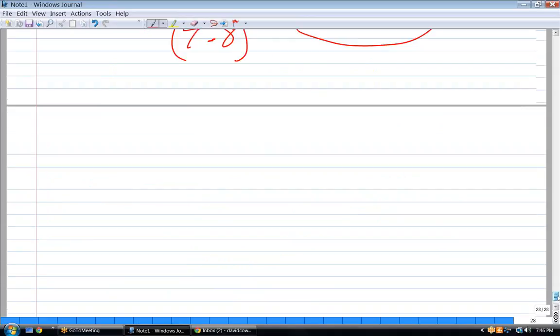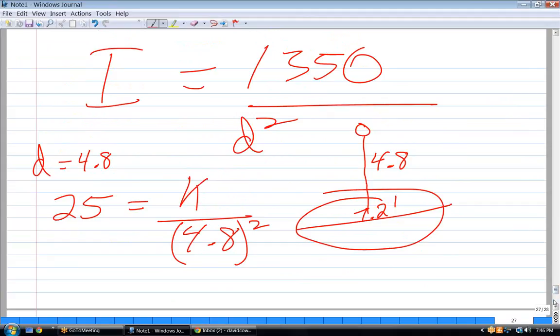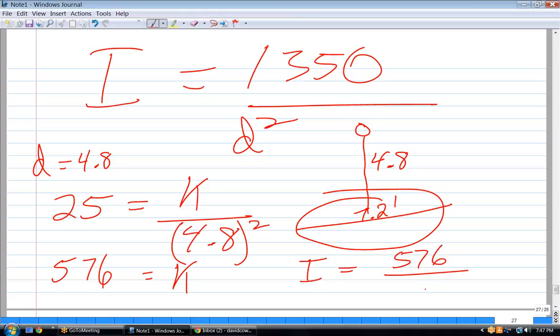That's why this is confusing. It's not the same K for problems 5 and 6. I got 576 equals K. Okay, so now I have I equals 576 over D squared.